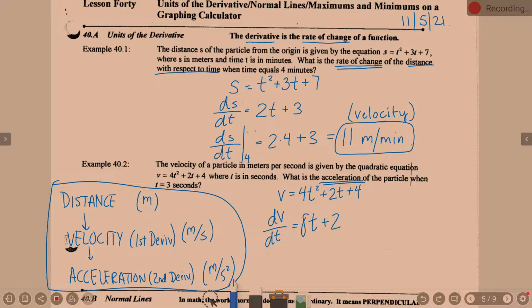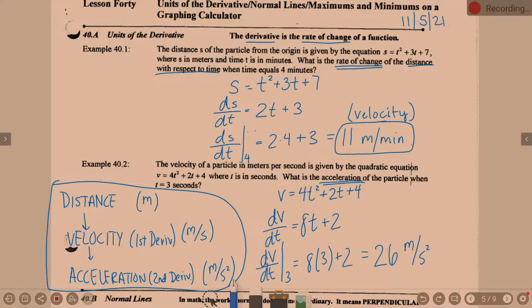They specifically want the acceleration when t equals 3 seconds. So I'm going to find dv/dt evaluated at 3. So 8 times 3 plus 2, 26. If velocity is meters per second, and we did the derivative of that with respect to time, then it's meters per second squared, or meters per second per second.